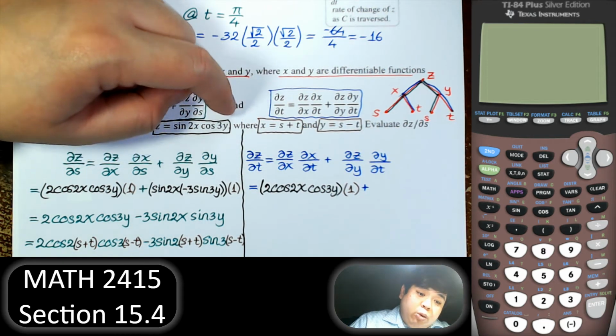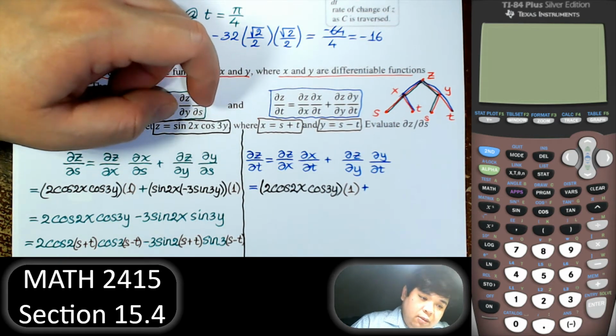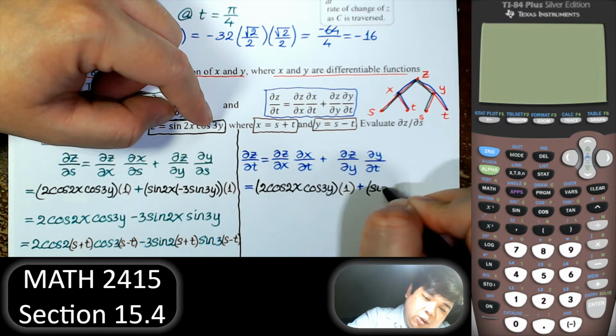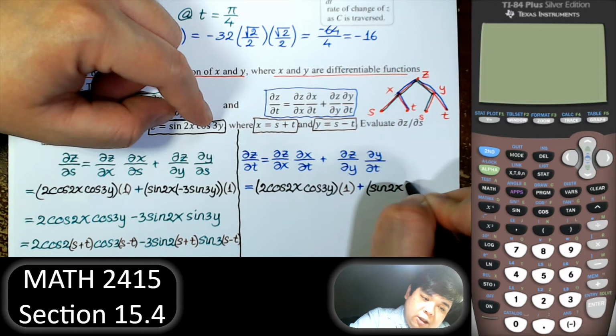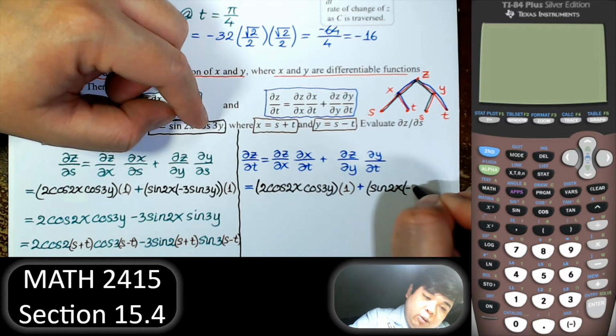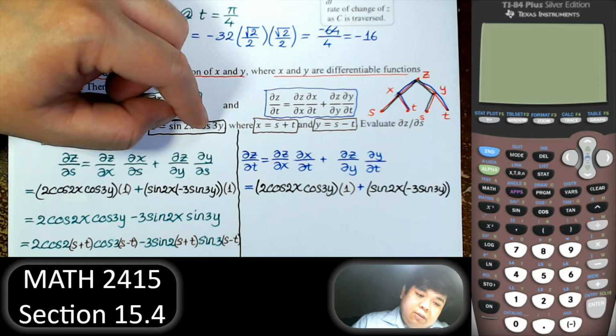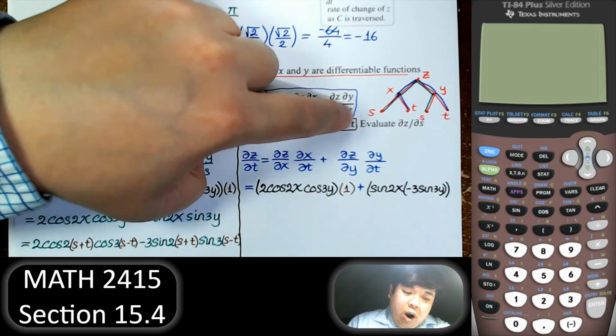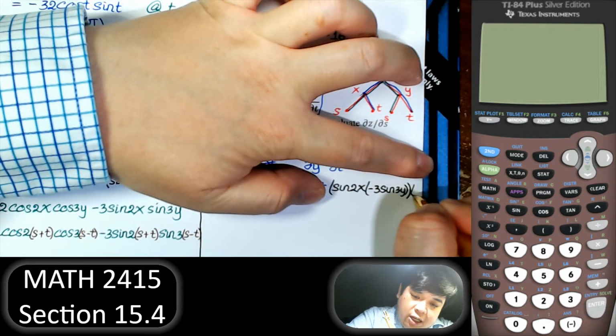Derivative of z with respect to y is going to be this, sine of 2x. Derivative of cosine of 3y with respect to y, negative 3 sine 3y. And then derivative of y with respect to t is negative 1.